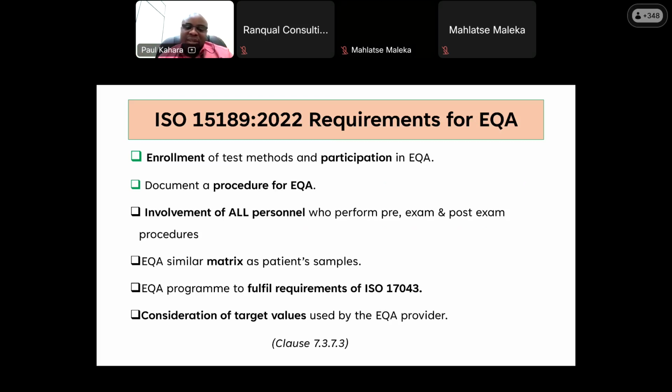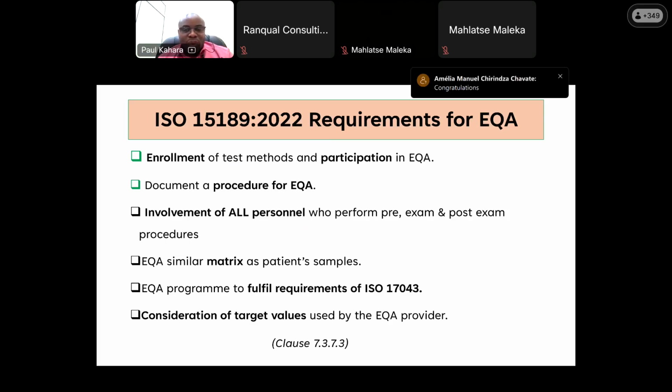And if our laboratory manager is not involved in doing EQA, then I want to suggest that we should not let them do patient testing. Again, EQA samples should have the same matrix as patient samples, just like we said for IQC.